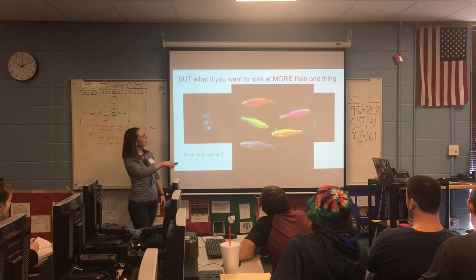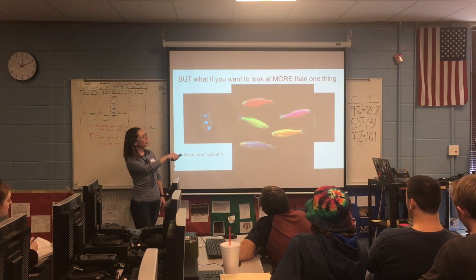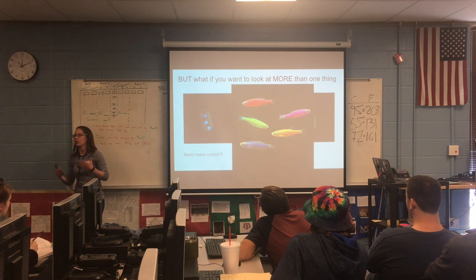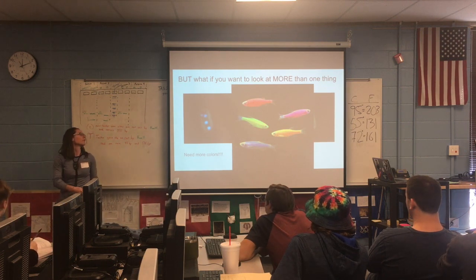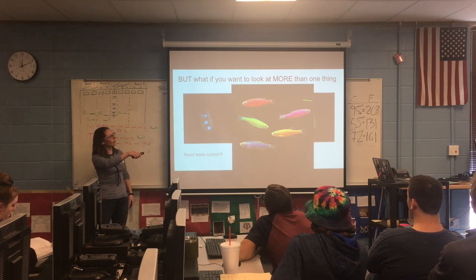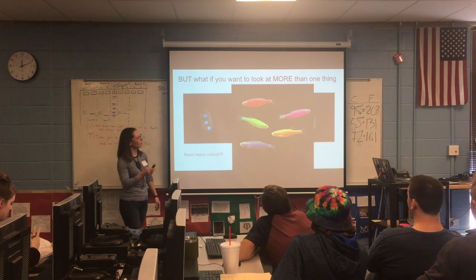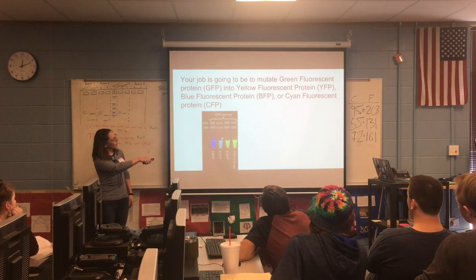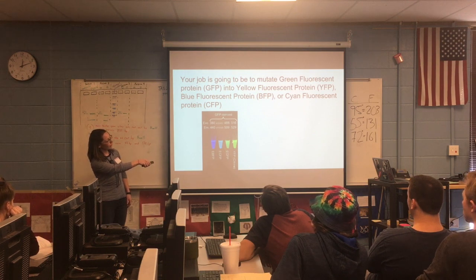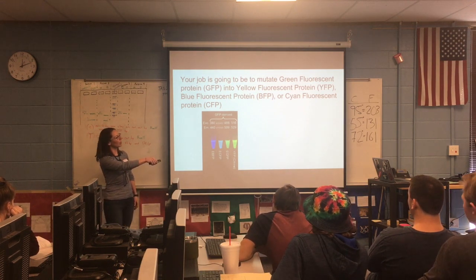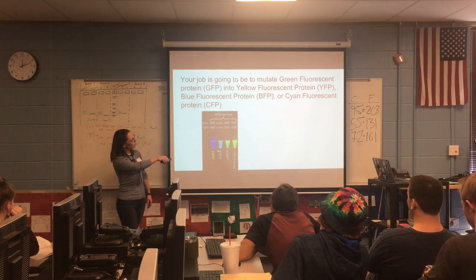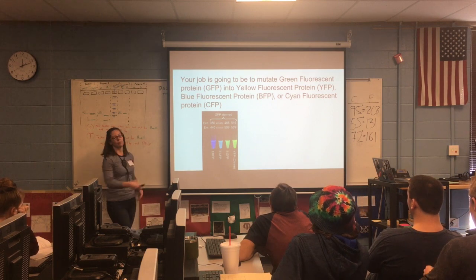All of these actually came from GFP, and people have been working to make them into this broader spectrum of colors. There are some other colors that didn't come from GFP that we're not really going to talk about too much. But in general, where we're going here: GFP, green fluorescent, to YFP, which actually looks a little more yellow than this, CFP, cyan, and BFP, blue fluorescent protein.